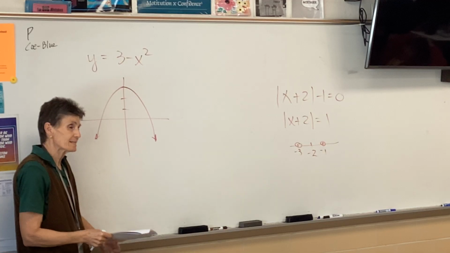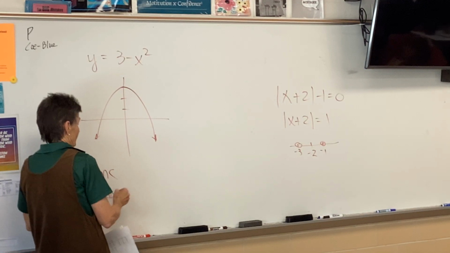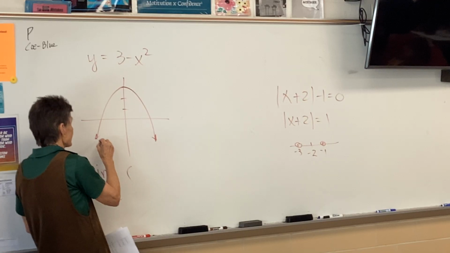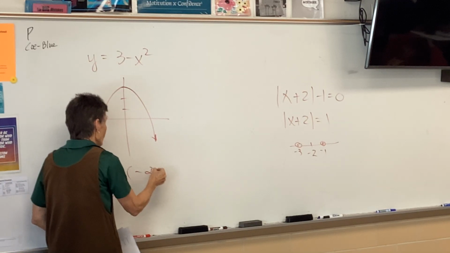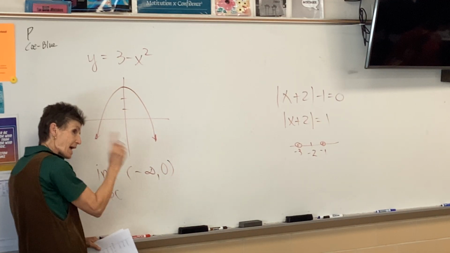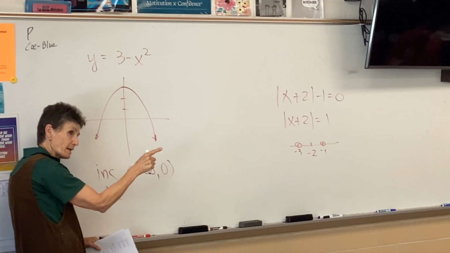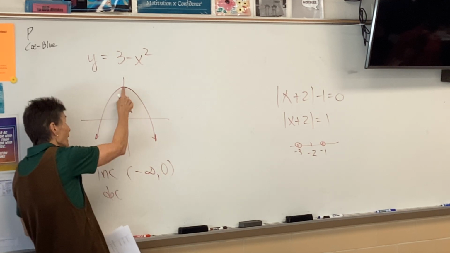Would you say it is increasing or decreasing? Both. It is increasing from negative infinity to 0. Remember, when you write these intervals, it's x's. You're going left to right. So negative infinity to 0, I'm going up.